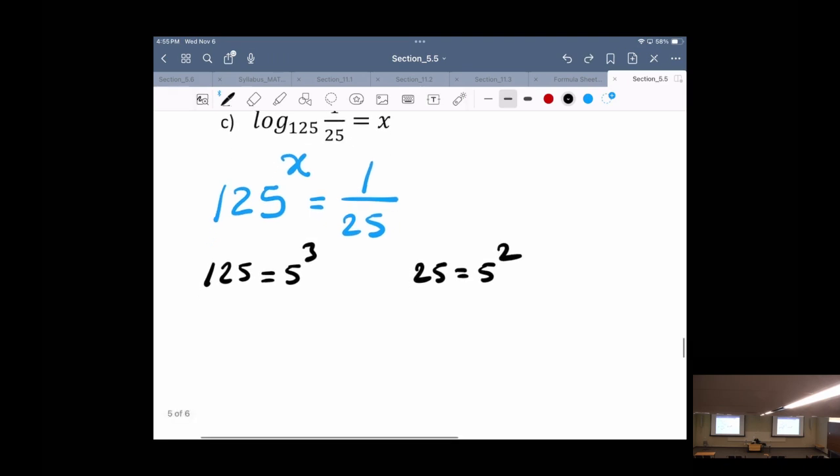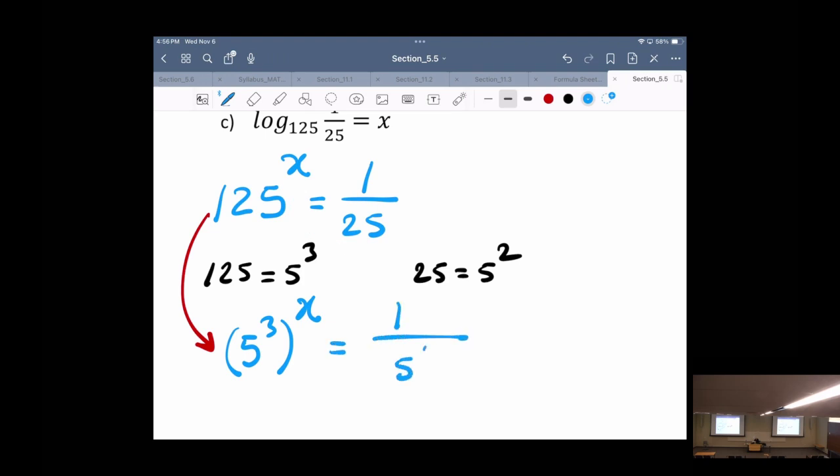So we're going to replace 125 with 5 cubed inside the parentheses with x on the outside, right? So I kept the x right there on the outside, equals 1 over 5 squared, isn't it?